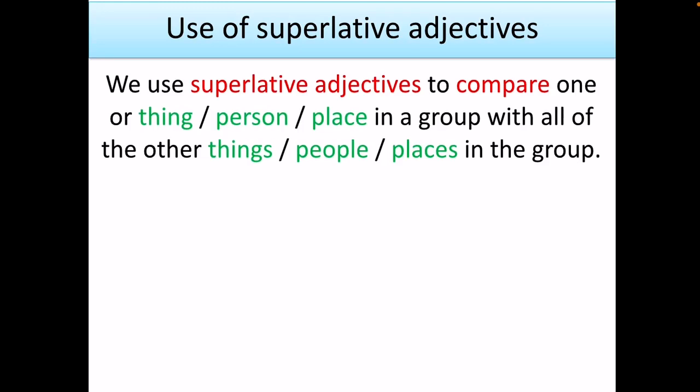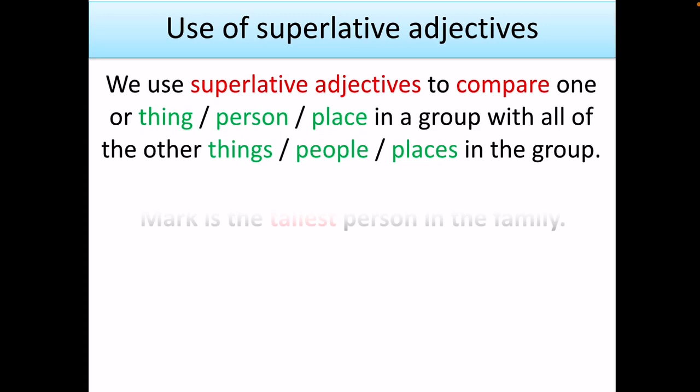We use superlative adjectives to compare one thing, person or place in a group with all of the other things, people, places in the group. يعني شنو الفكرة؟ فكرة أنا عندي شيء، شخص أو مكان، هذولا هم جزء من مجموعة. الشيء جزء من مجموعة أشياء، شخص جزء من مجموعة أشخاص، مكان جزء من مجموعة أماكن. راح نقارن هذا الشيء أو الشخص أو المكان مع المجموعة اللي هو من ضمنها.